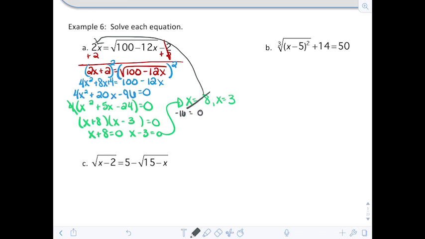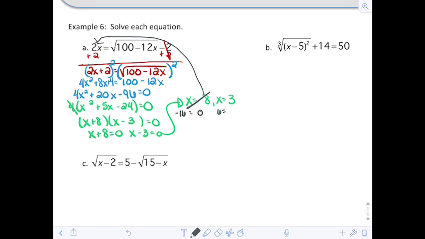If I plug in 3, I would get 2 times 3 on the left, which would give me 6. And then on the other side, underneath I would get 64, because 100 minus 36 is my 64.